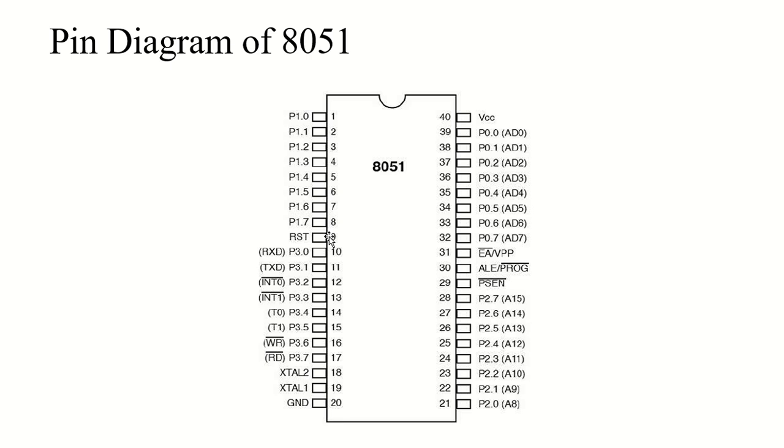Let me start from the start: all the ports upon reset are configured as inputs, and all of them are ready to be used as input ports. When the first 0 is written to the port, it becomes an output, and in order to make it an input again, a 1 must be sent to that port. So always remember this.